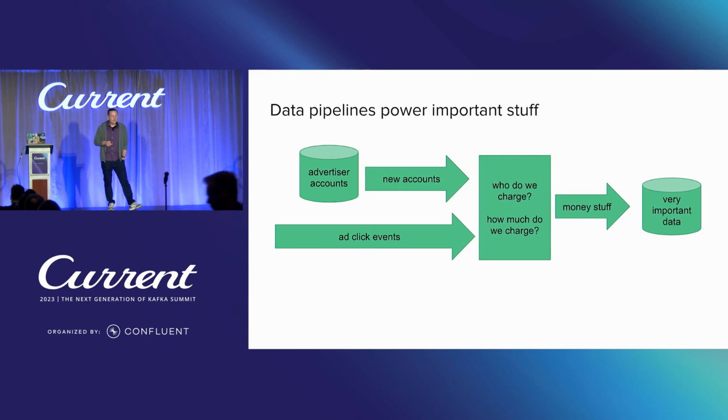I want to take a second and point out that data pipelines, as they exist today, are not just replicating between databases anymore. It's not just moving or syncing things. Data pipelines are becoming business critical parts of your business. You can do really important stuff with data pipelines. For example, you could have a Flink job which joins ad click events and new account change streams and figures out things like who do we charge and how much do we charge.